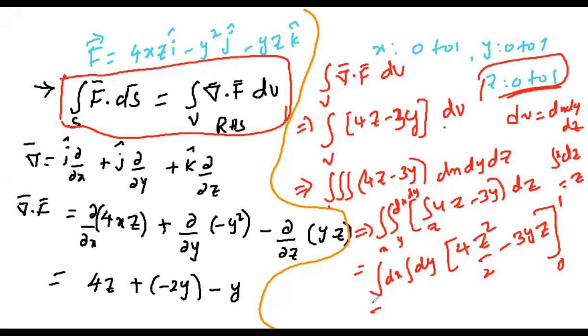So with the integral dx, integral dy outside, z is 1: 4 by 2, which is 2, minus 3y with z equal to 1. So this is what I got after completion of dz. Okay? Is it okay?